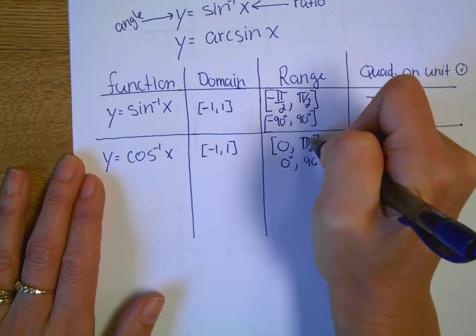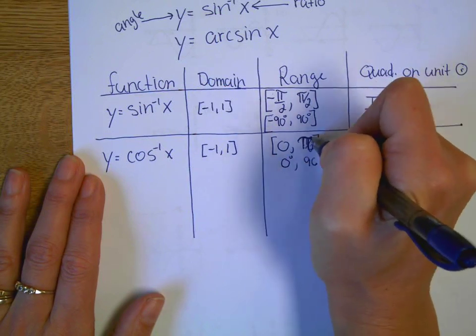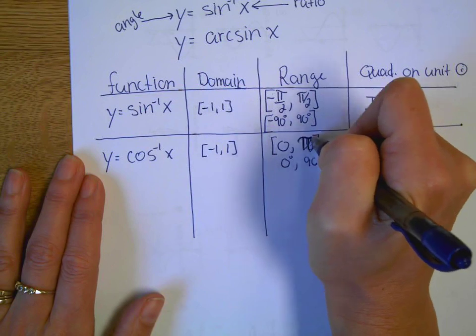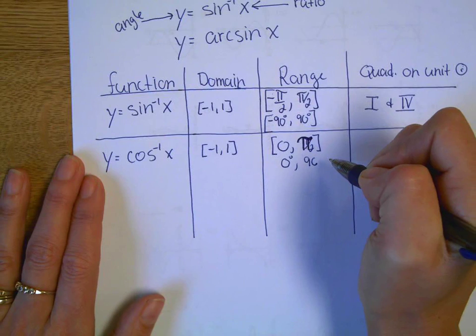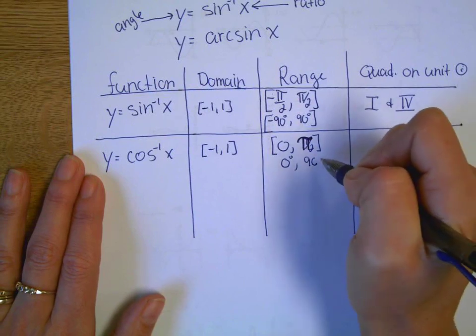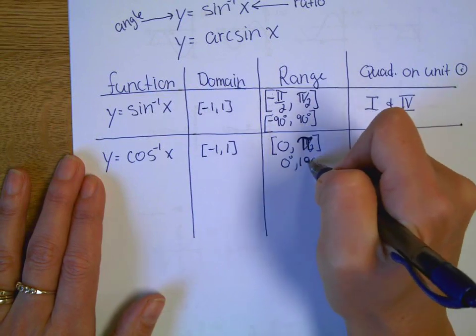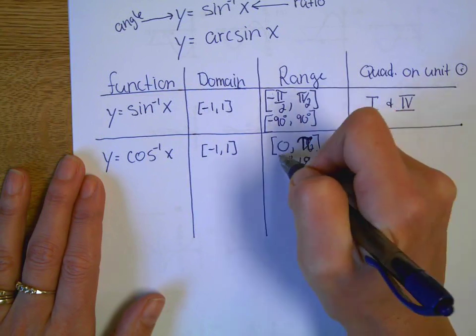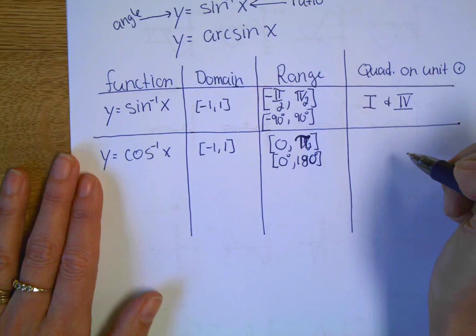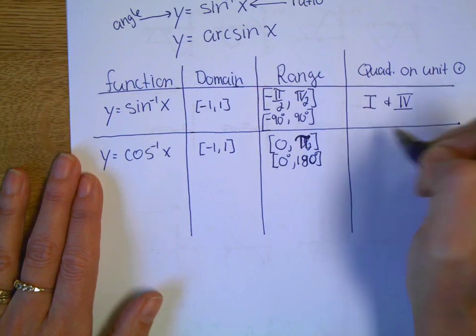Oh, not pi over 2, sorry, pi. Where's pi at? How many degrees? 180. So 0 to 180 for cosine. What two quadrants are we going to be looking at? 1 and 2.